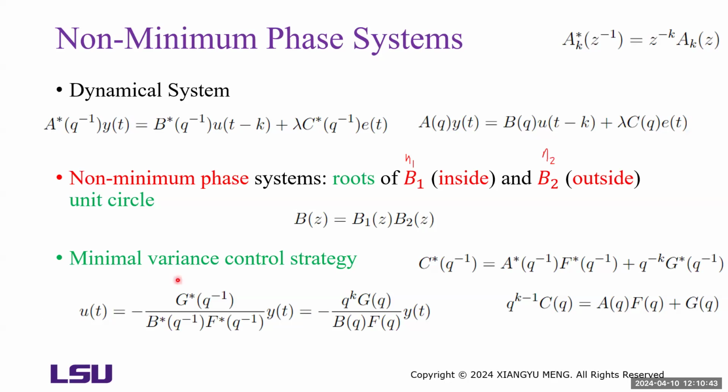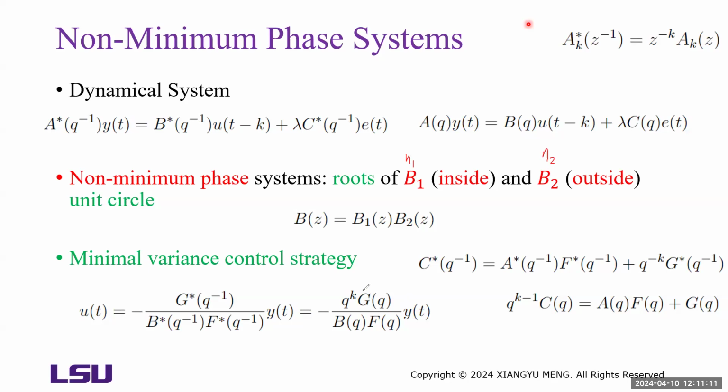Then using the minimal variance control strategy, we know that u(t) is negative G star over B star F star times y(t). Again, let's convert the reciprocal polynomials G star, B star, F star into G, B, and F. Again, we'll use this relationship.